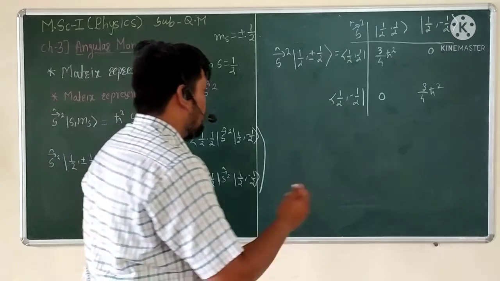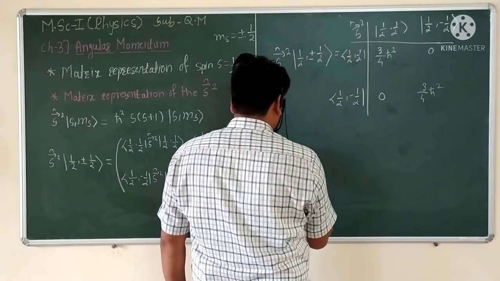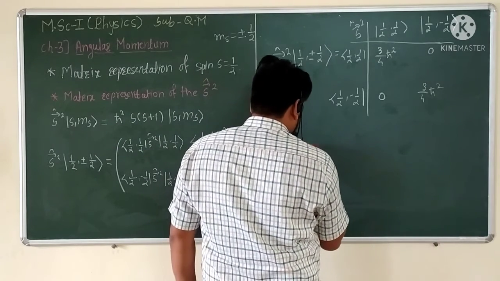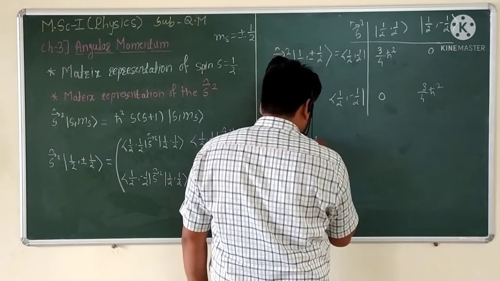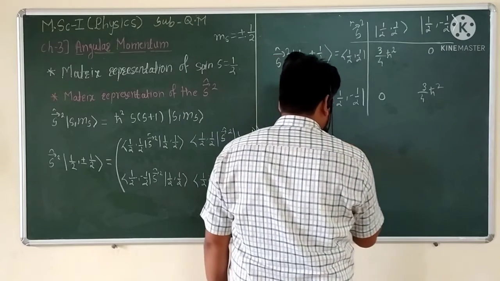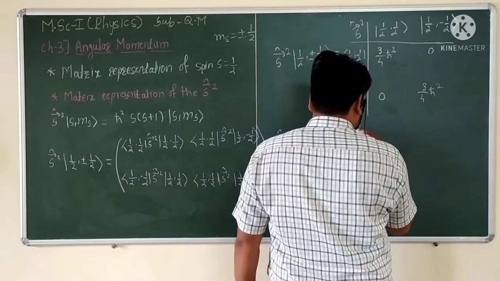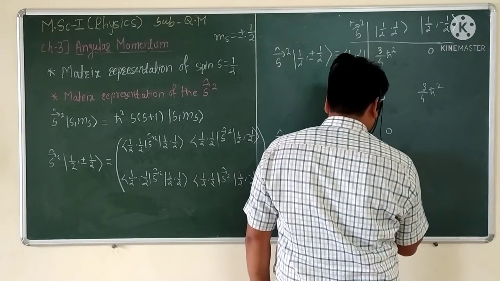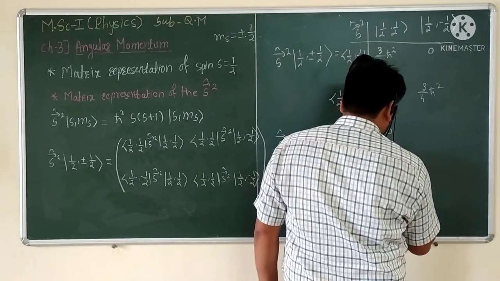Okay, and for doing this calculation, the value of the S square operator on half comma plus or minus half is nothing but 3 by 4 h cross square, 0, 0, 3 by 4 h cross square.